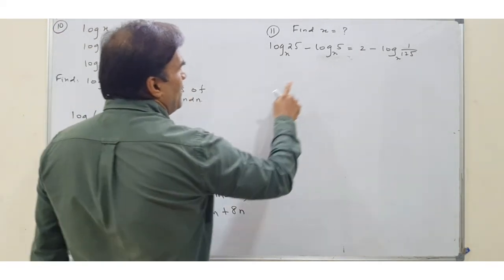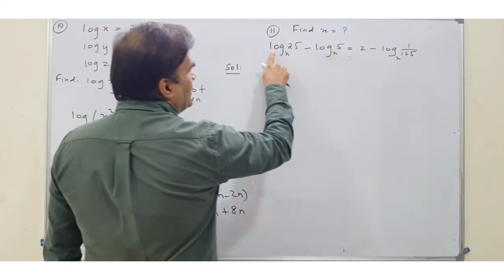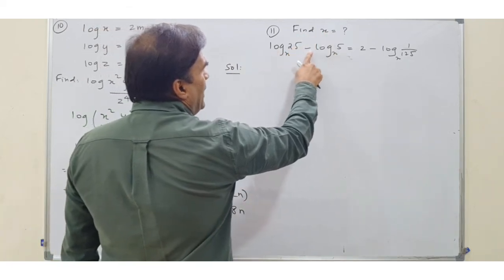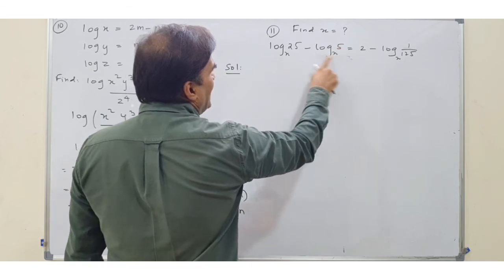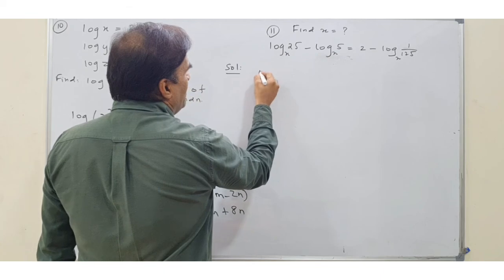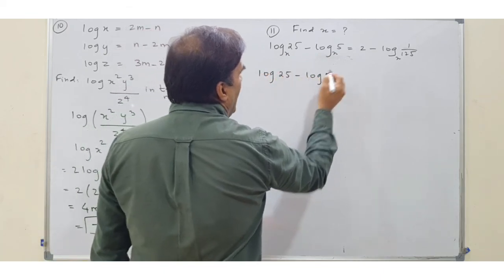Look at this question, my dear friends. The solution is, we have to find the value of x. Log 25 minus log 5. Over here, make sure that the base is x. So what we do is log 25 minus log 5.